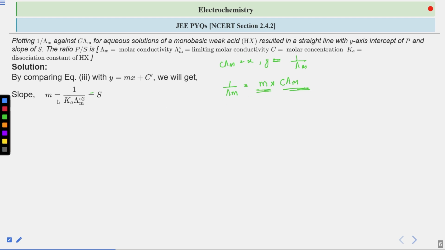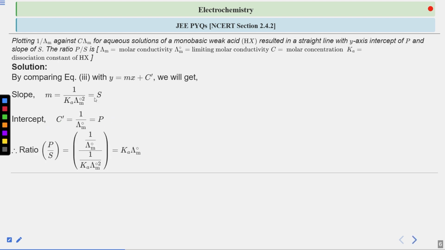So the slope is 1 upon Ka lambda m naught square, which is S as per the given question, mx plus C prime. Whatever is here will be the intercept. So the intercept C prime equals 1 upon lambda naught m, which is P in this equation.